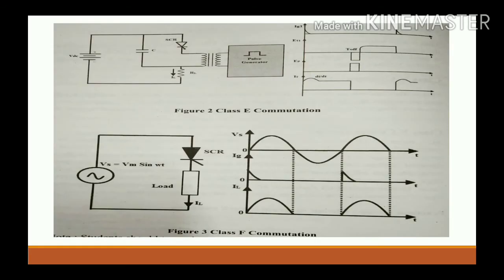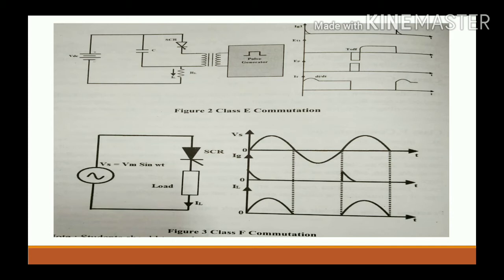Then this is the class E commutation. In a class E commutation, if we see here, there is an external commutation circuit, because a reverse voltage is applied across the SCR, then it is turned off. Because the current flowing through this SCR becomes 0 when the reverse voltage is applied.